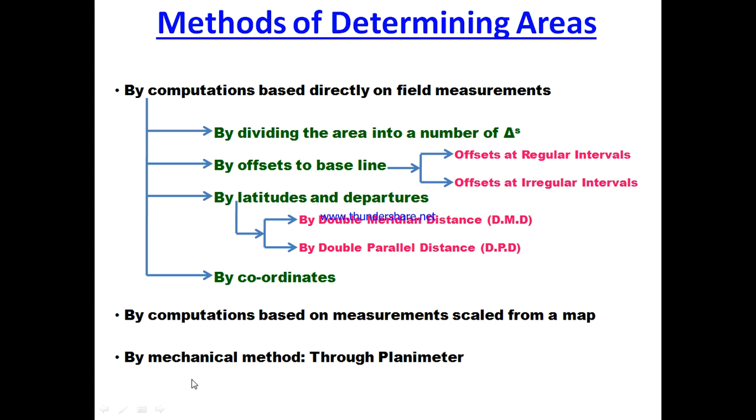Also, by other two methods, we will look at how to measure the area with the help of a planimeter, and how to measure the area by scaling down the distances in the map.